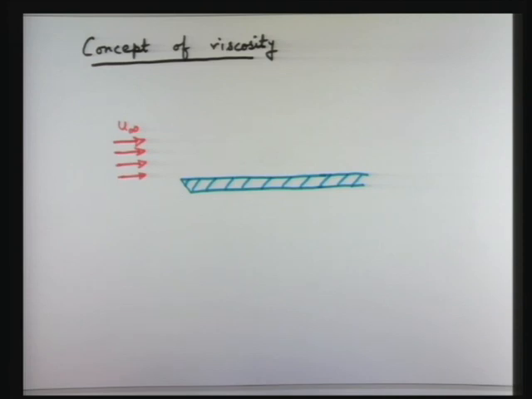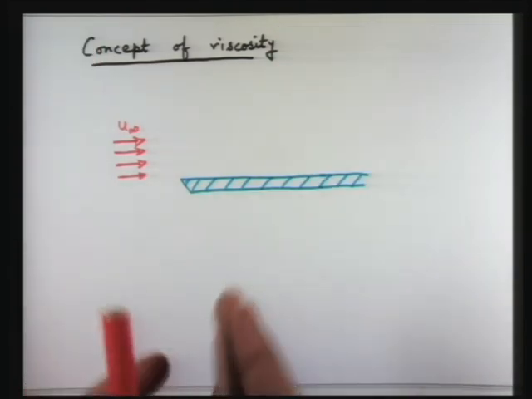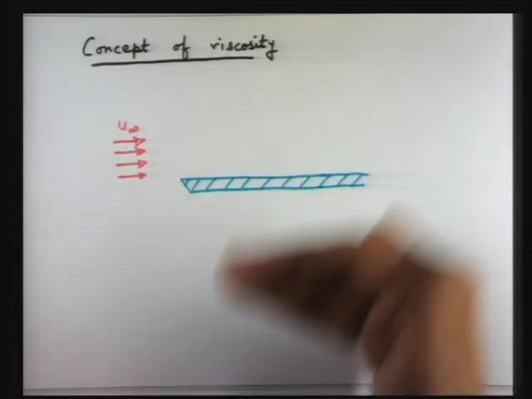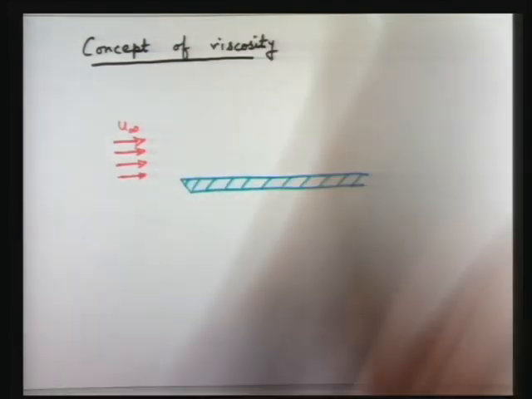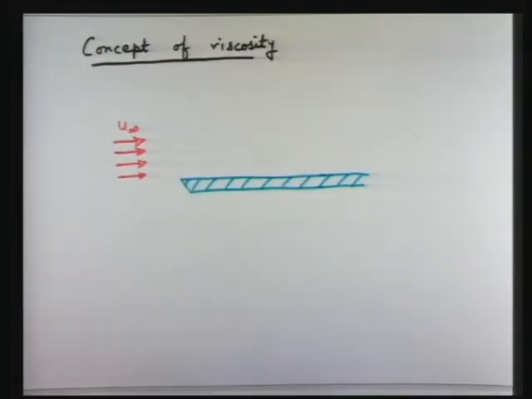I will not go into the details of those in the scope of this lecture, because at the undergraduate level when we teach fluid mechanics, we take the no slip boundary condition as the more common example rather than the slip based boundary condition, which is a more advanced example. So we will consider the no slip boundary condition and get ahead with the description of the concept of viscosity by accepting that as a condition at the boundary.